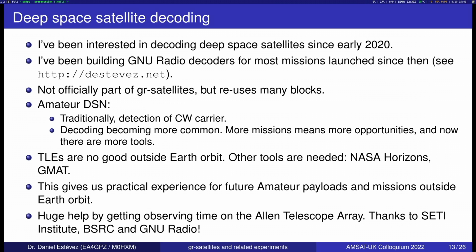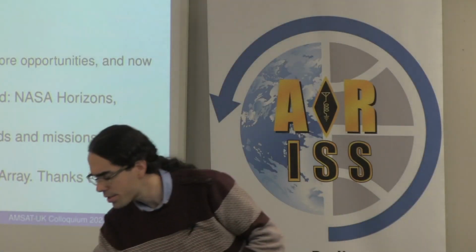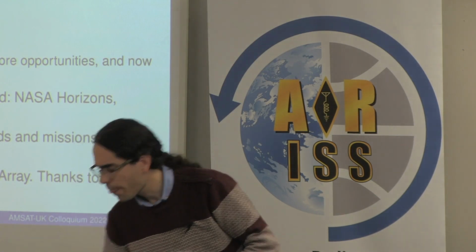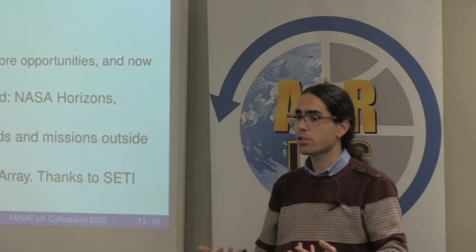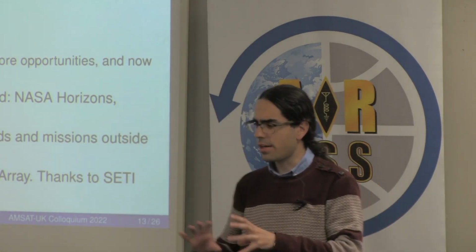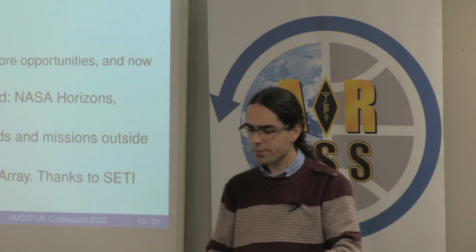This is not really a part of GR satellites in the sense that it's not integrated with GR satellites. It's just a bunch of GNU Radio flow graphs scattered around my blog. You can read about this in my blog. But it reuses many blocks from GR satellites, so it's kind of a spin-off project.